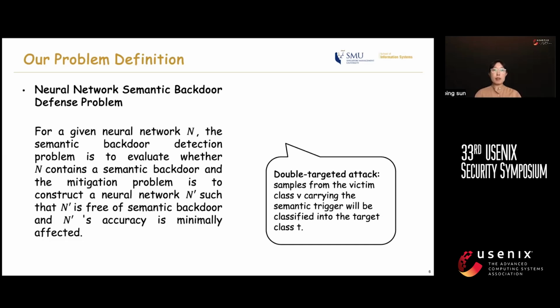If it does, we are going to solve the mitigation problem, which is to construct a neural network N prime such that it's free of semantic backdoor and its accuracy is minimally affected. And in this work, we focus on double targeted attack, where samples from the victim class V carrying the semantic trigger will be classified into the target class T.